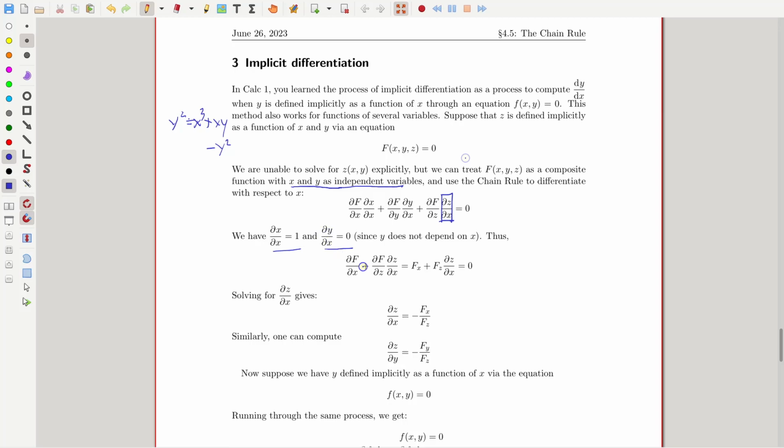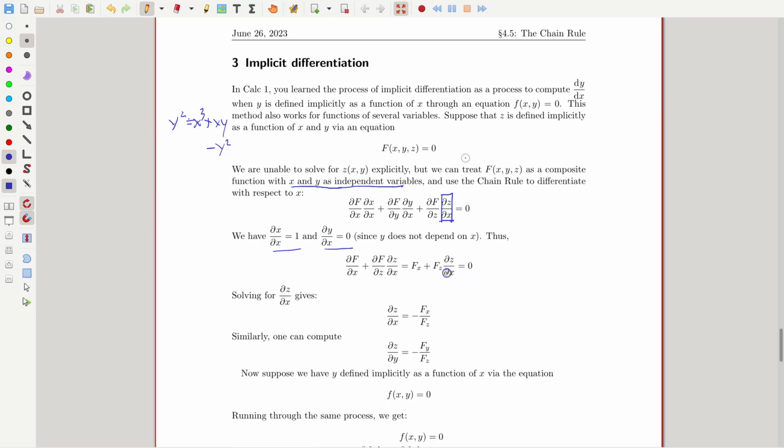They're completely independent of each other, so that partial derivative is 0. Okay, so that allows us to get rid of this middle term, and this becomes 1. So that simplifies to give you this is equal to 0. And then rewriting the partial derivatives to use subscript notation instead, we end up with this equation.